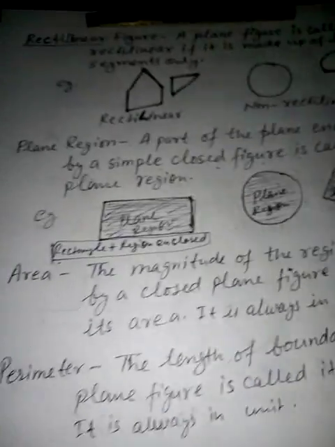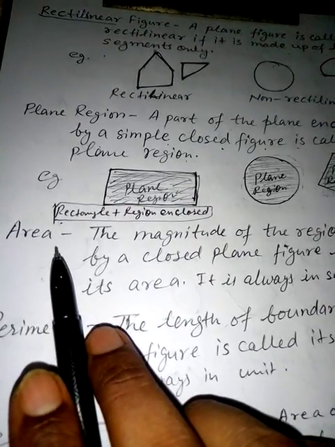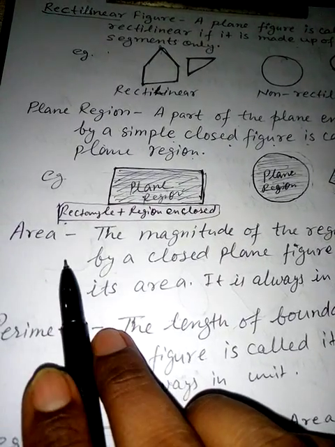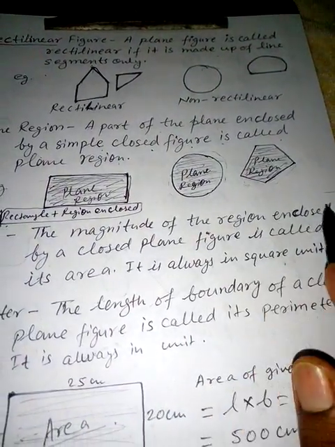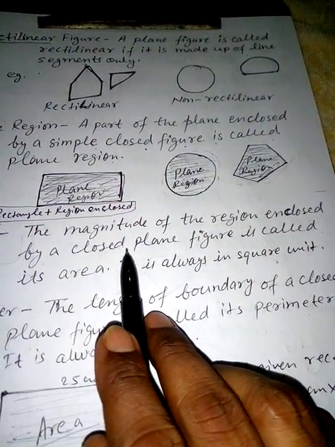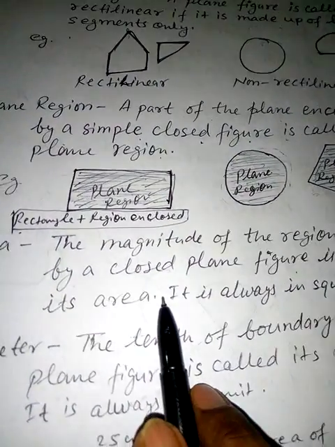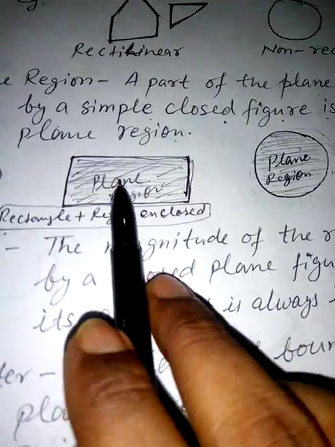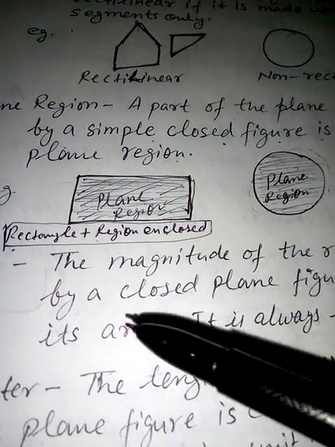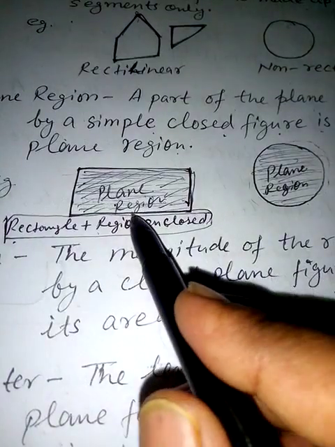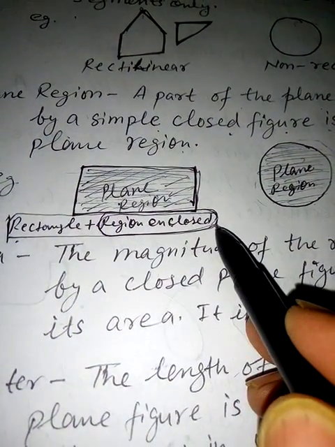Now we are talking about area. The magnitude of the region enclosed by a closed plane figure is called its area. You can see this figure, the region enclosed. When we are talking about only the region enclosed, then this is area.